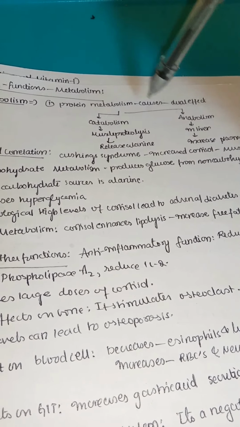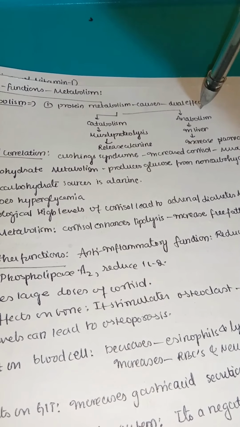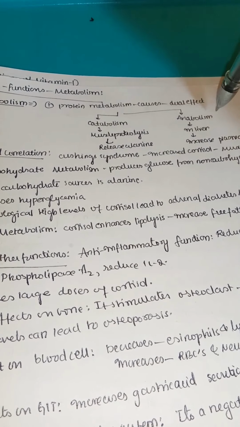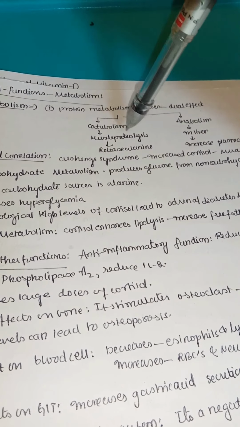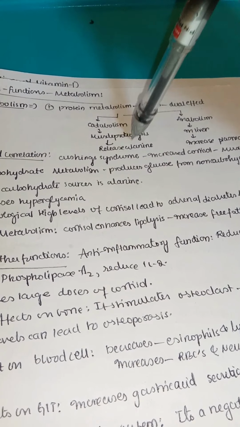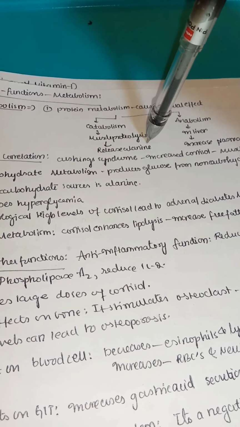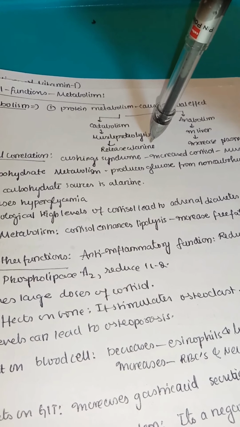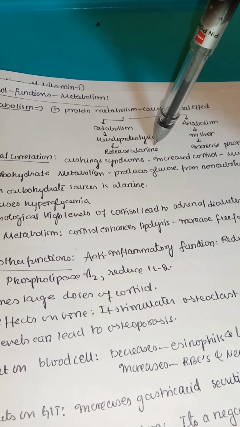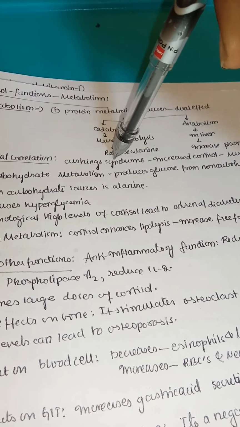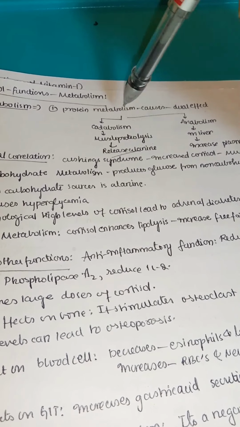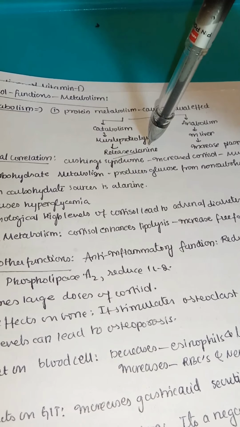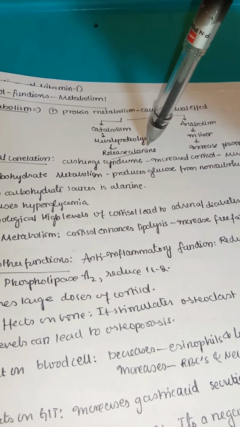So mainly in protein metabolism, it causes a dual effect, that is either it can do catabolism or anabolism. So first we'll see what it catabolizes, mainly muscle proteolysis. So always catabolism is breakdown of something. So you can see here in the muscle, the cortisol will go and break down the protein in the muscle. So because of that, they will release alanine. So remember, catabolism, release of alanine by muscle protein breakdown.